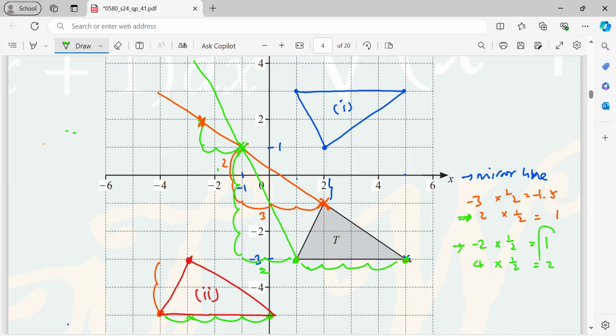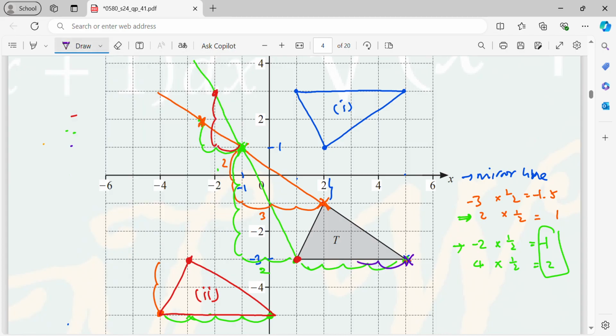That means this 1 and 2 will be counted from this point. Alright, so negative 1 means here, negative 1. After that, 2 units up. So 1, 2. That means this point becomes here now. Okay, and same goes to the last point. Let's say the last point is over here.